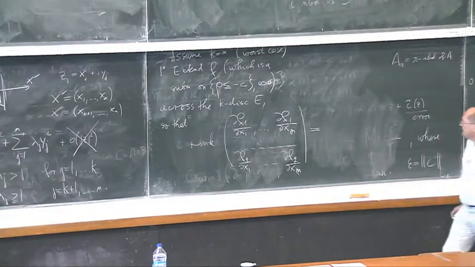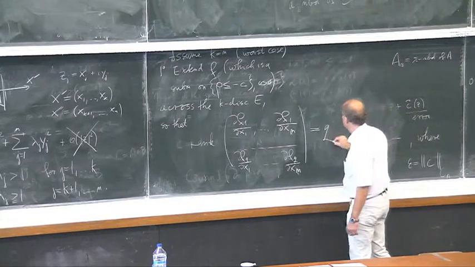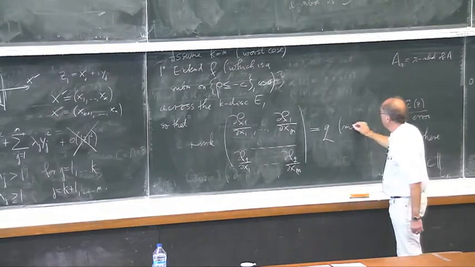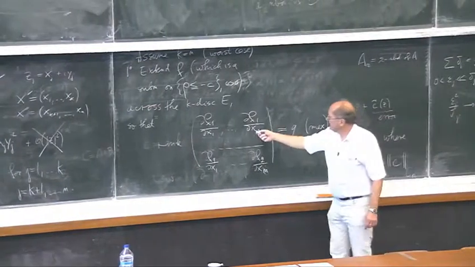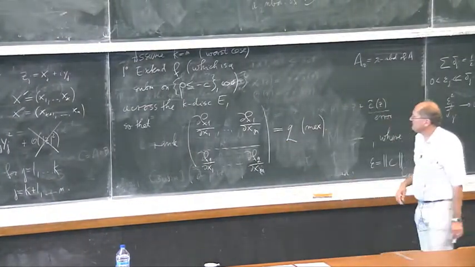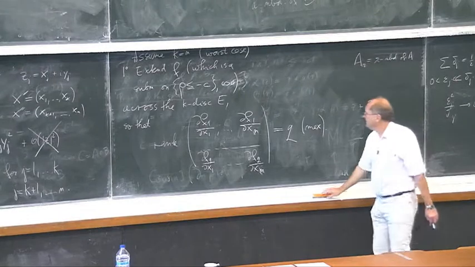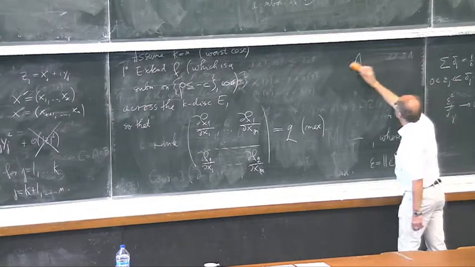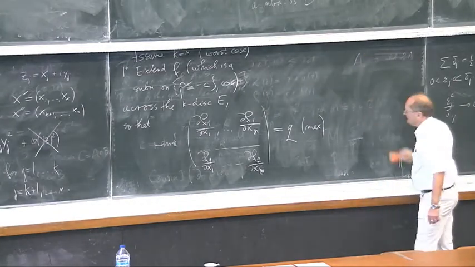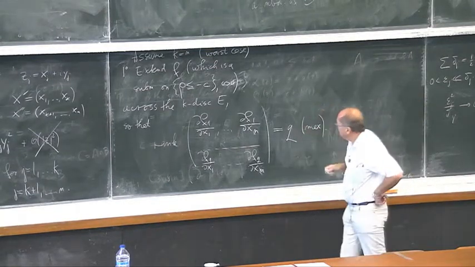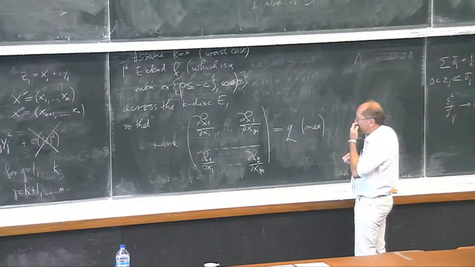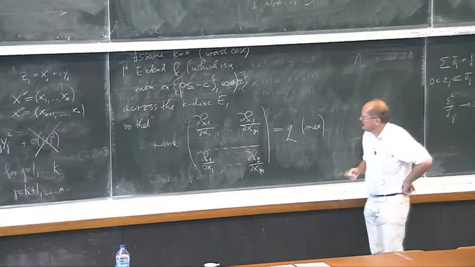Okay, so I want the rank of this map to be Q. So it's maximum. Here I'm just dealing with real variables, you see. But can I do this? So what should this be, really?